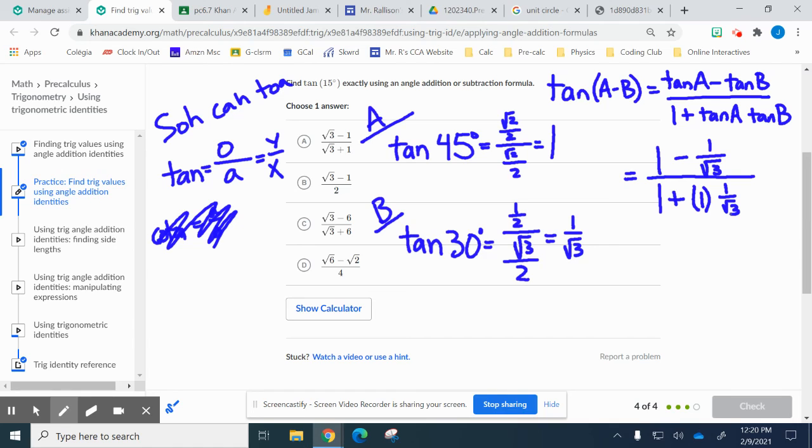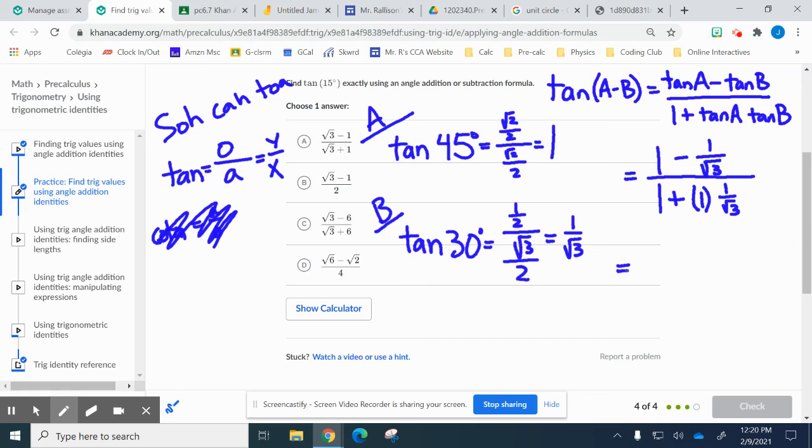So if you have a fraction in the numerator and a fraction in the denominator, one of the things you want to do is try to get that to be a single fraction. And so what I'm going to do here is, boy, this fat pen makes it hard to write.